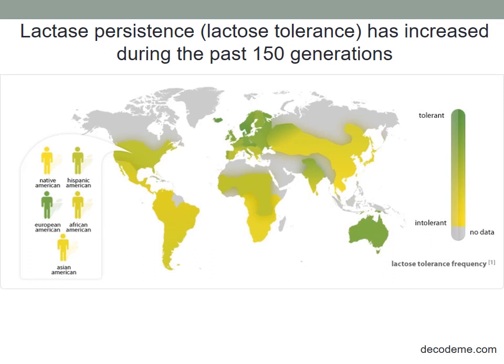People of European ancestry tend to be the most tolerant to lactase, whereas people of Native American and Asian descent tend to be less tolerant of it. So it has something to do with the diets of our ancestors in the areas in which they lived, and which of them were able to successfully pass on those genes to the next generation.